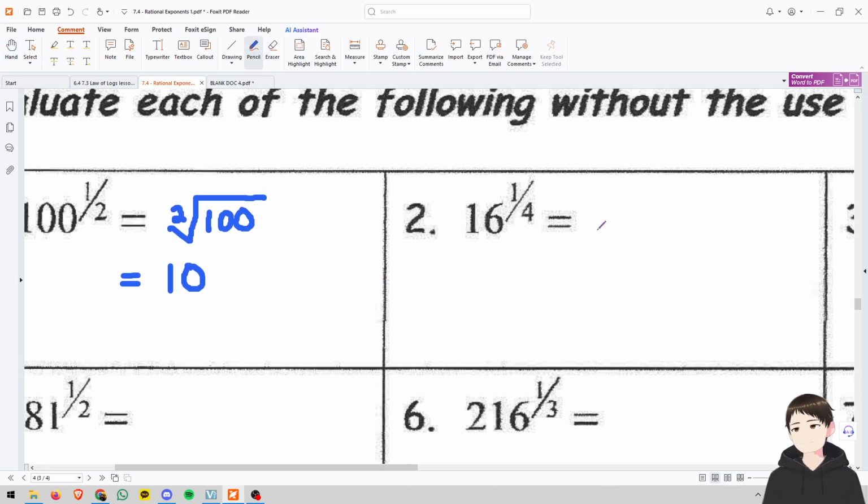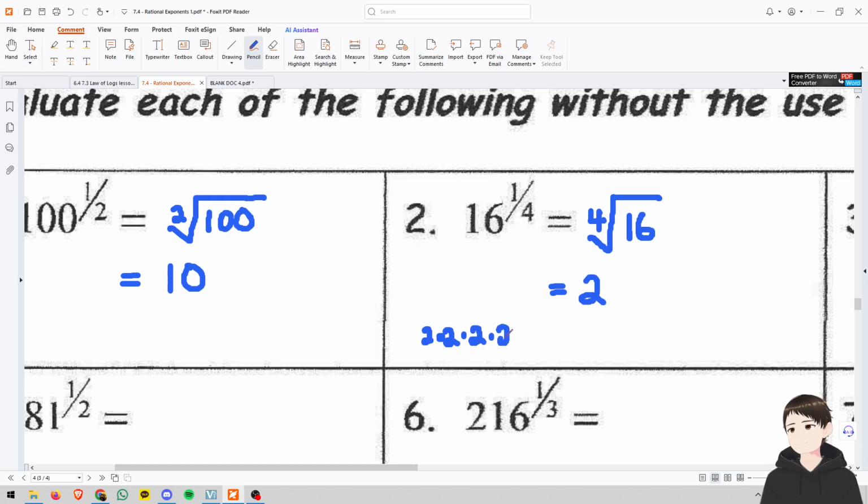Here's another one. Denominator is a 4. So this is the 4th root of 16. What multiplies with itself 4 times gives you 16? 2. And you can test it. 2 times 2, which is 4. 8, 16. It checks out.